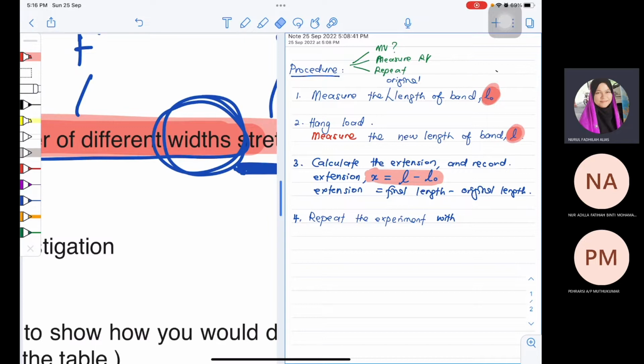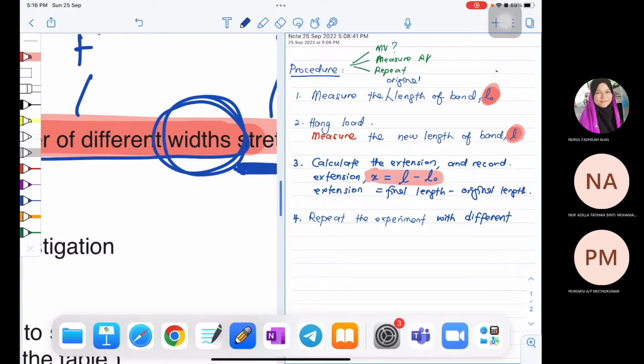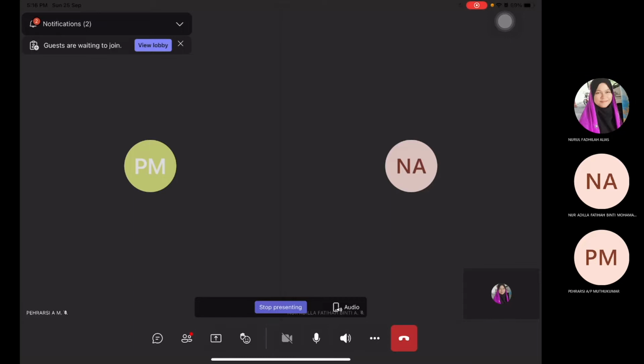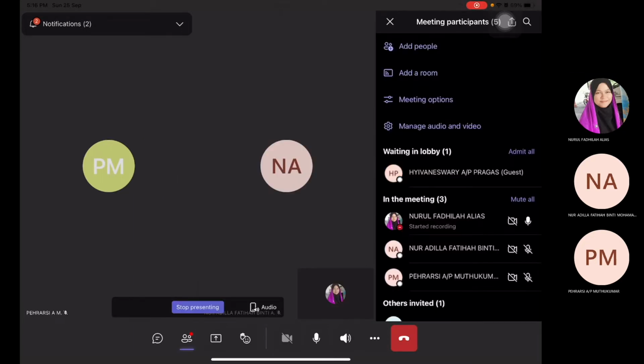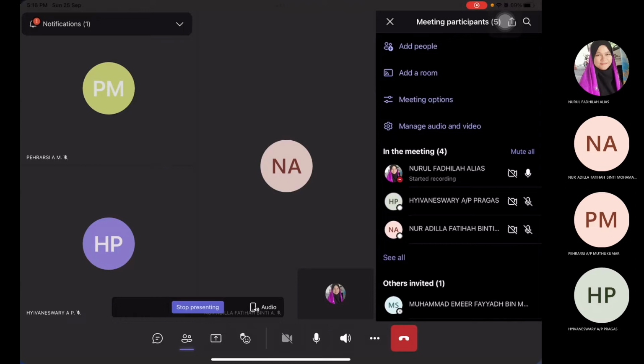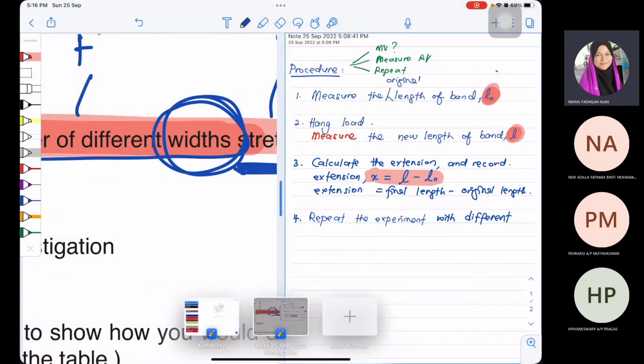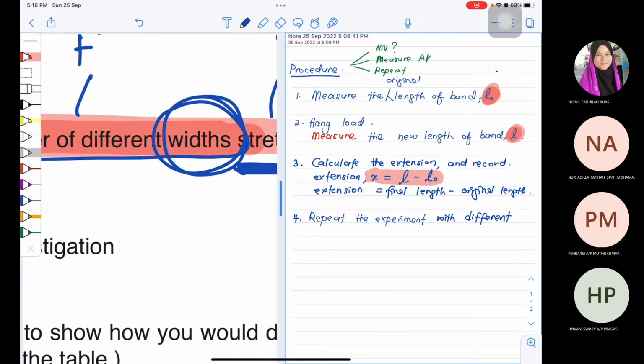Repeat the experiment with different thickness, or with different... we just write what the question wants. The question wants with different widths. Okay. Next.